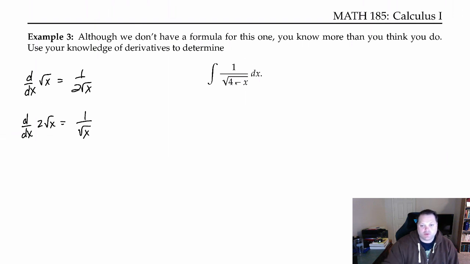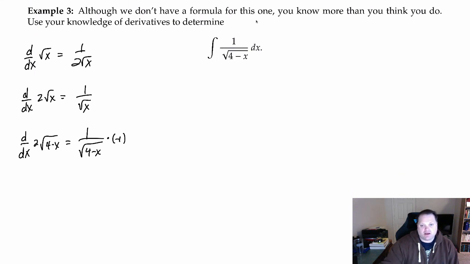That's 1 over square root, just like this is 1 over square root. Now, if I was to put a 4 minus x inside, this would be 4 minus x, but then chain rule, I would have to multiply by the derivative of the inside, which is negative 1. So I don't have a negative 1 here, so I should multiply both sides here by a negative 1.